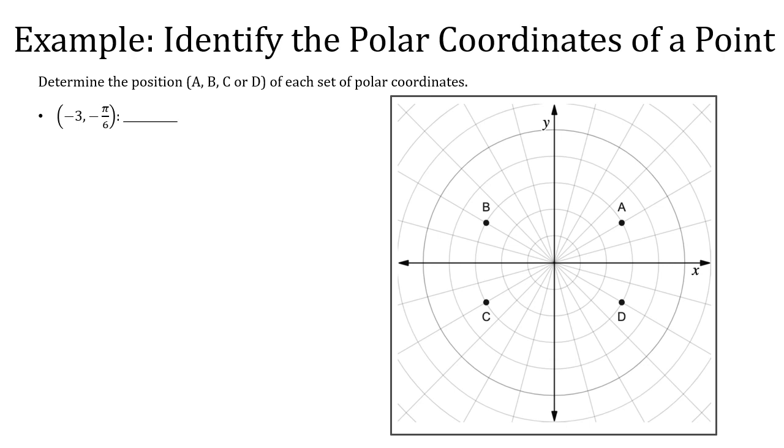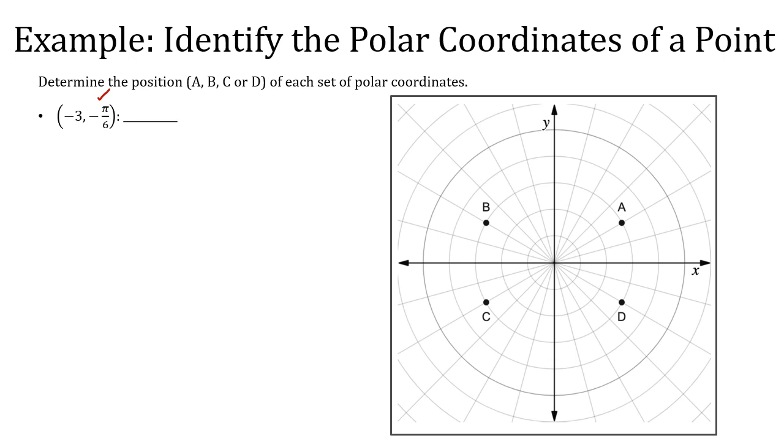So here's how we go about this. We're going to start by identifying where negative pi over 6 is at. Looking at all the angles on this graph, I think that A, B, and C are all at multiples of pi over 6, so we can go ahead and make that assumption.